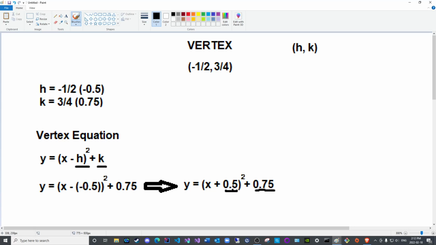Here the h is positive, which means that originally it should be negative, and the k is positive by default, so this must be a positive number. If this was a negative, then the k would be negative as well. And that is it with regards to the vertex equation, or the vertex format of the quadratic equation.